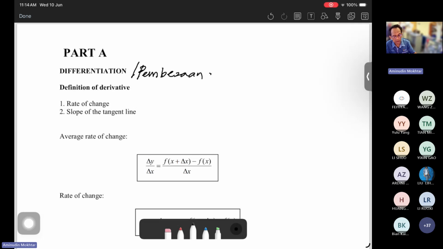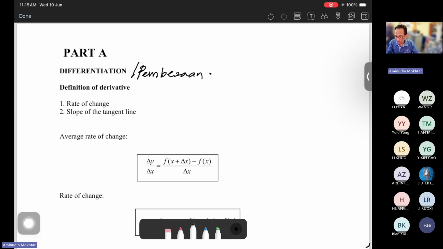I have announced the marks, the result for your mid test. Okay, the mark is out of 100%. I received a few questions from a student related to this test. Most of the questions are about the passing mark.